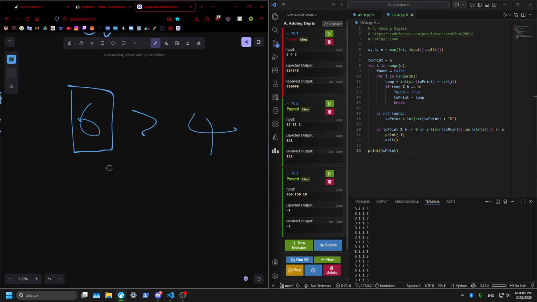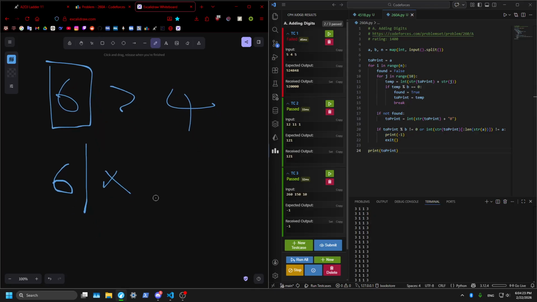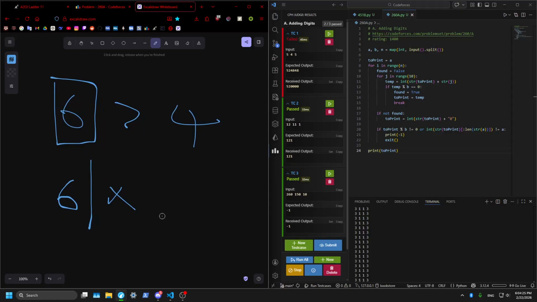It'll always start with 6. Then we have our second part. Well, any digit here must be a multiple of 4, right? So this is our second part.